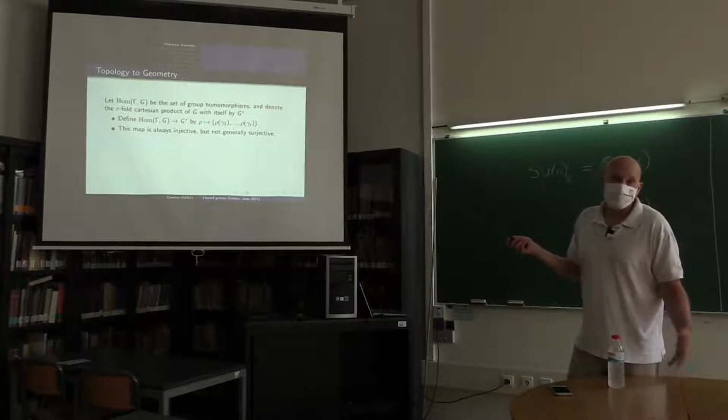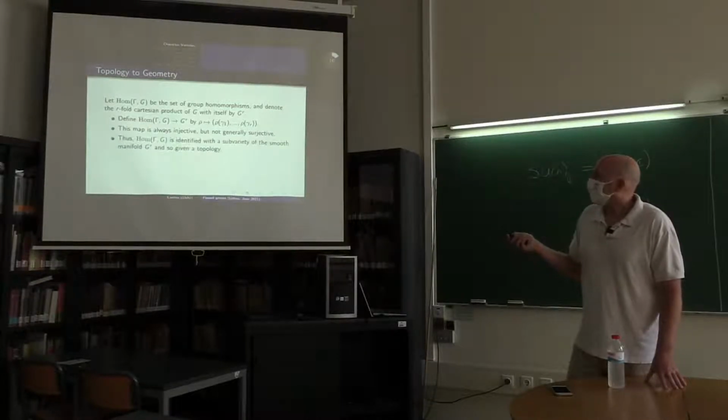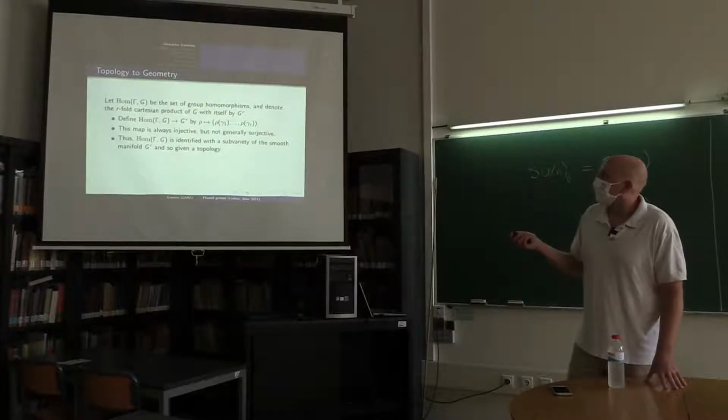If gamma was a free group, it is bijective. But usually you have to ask the question, when does a given tuple satisfy the relations of gamma? And that exactly defines the image. But the bottom line is this identifies this set as a subset of a natural analytic manifold, G to the r, because G was a Lie group.